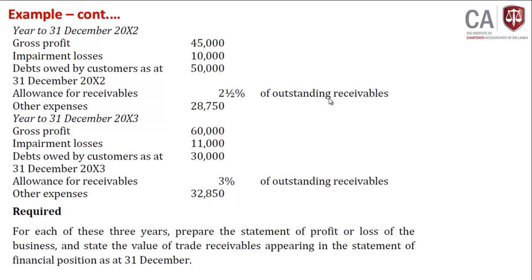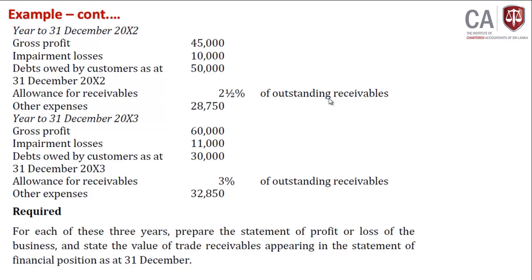Year to 31st December 2003, gross profit 60,000, impairment loss 11,000, debt owed by customers as at 31st December 2003, 30,000, allowance for receivable 3% on outstanding receivable, other expenses 32,850. So 3 years financial data they have given.